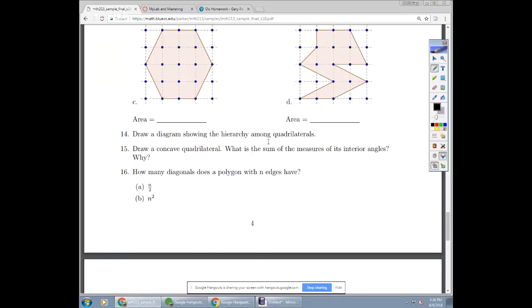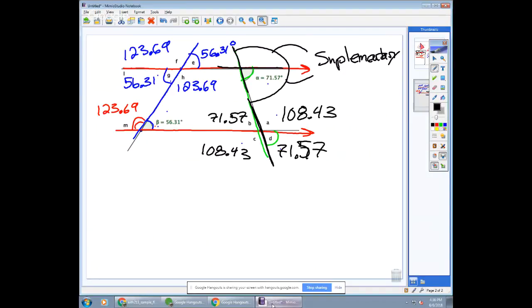Oh, I know what we need to do, especially Emily. Draw a concave quadrilateral. I know you struggle with concaves. This is a good one to look at together. I mean, I can. Go for it. On my paper? Yeah. A concave quadrilateral.